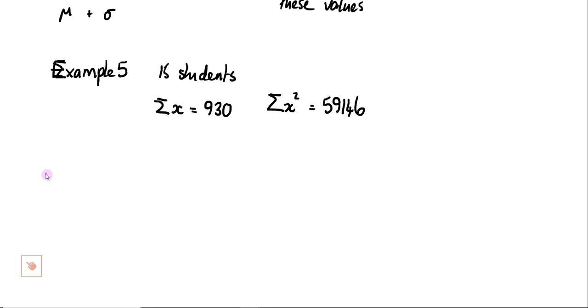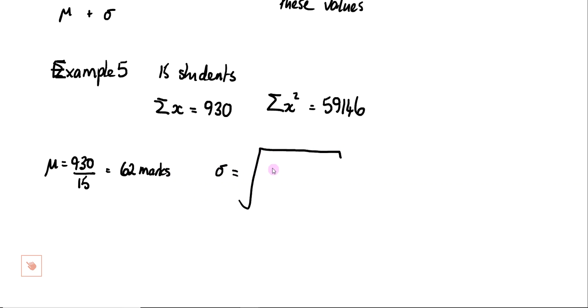So again, what's the mean? The sum of them divided by 15, and we get the answer 62 marks. The standard deviation then is the square root of the sum of them squared divided by how many there are, minus the mean squared.